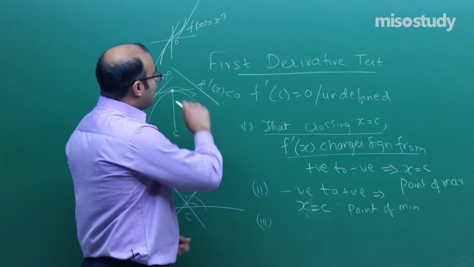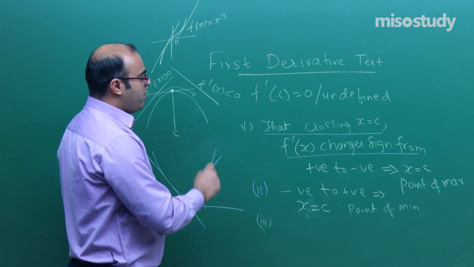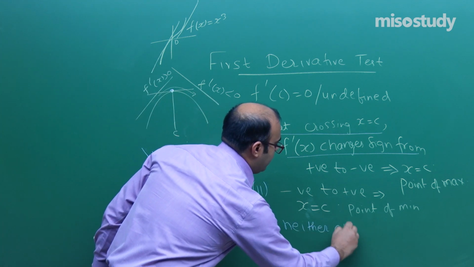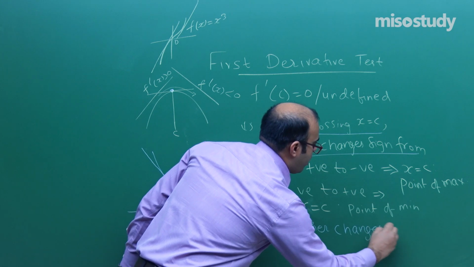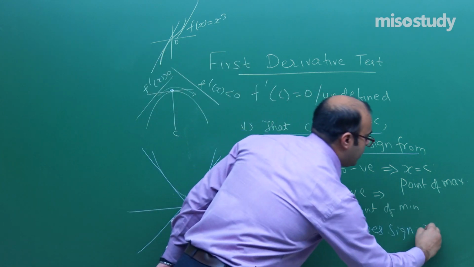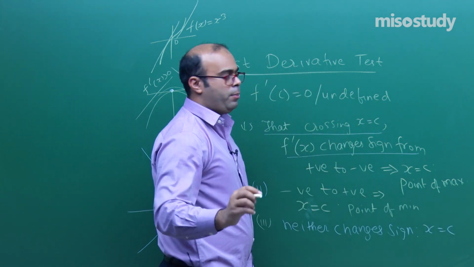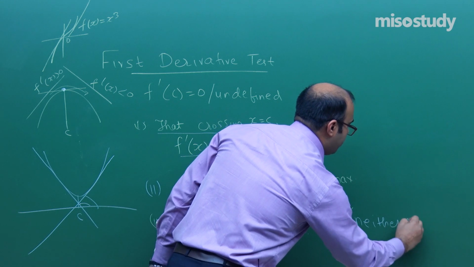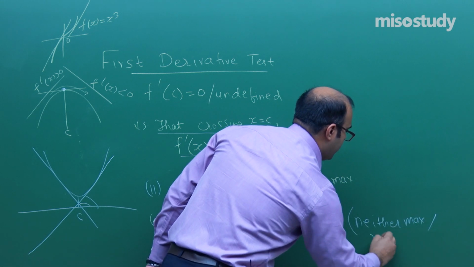So, if such is the case, if it neither changes sign, then this point x is equal to c is neither a maxima nor a minima.